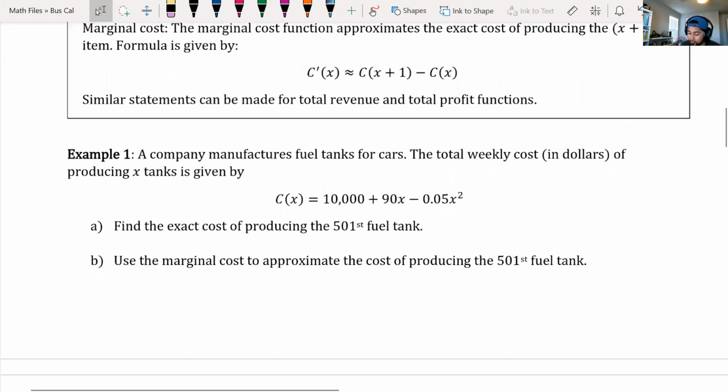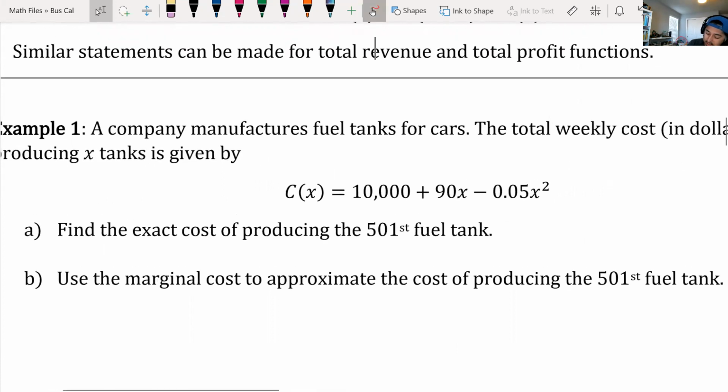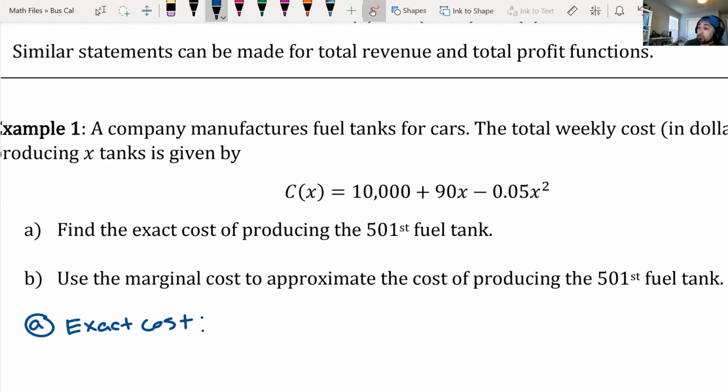Okay, so the way we set that up, for exact cost, to follow the exact cost formula, we're going to plug into the cost function C of the 501st fuel tank and subtract C of the 500th fuel tank.